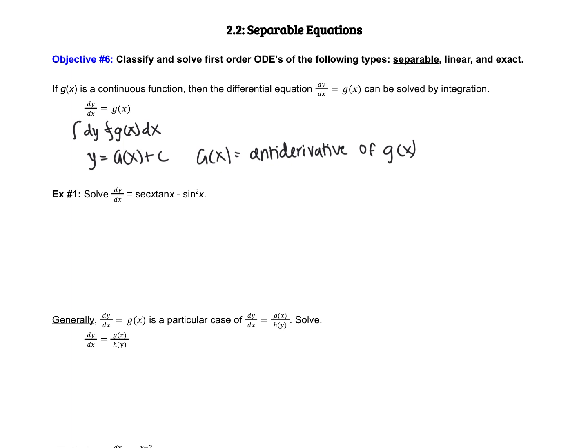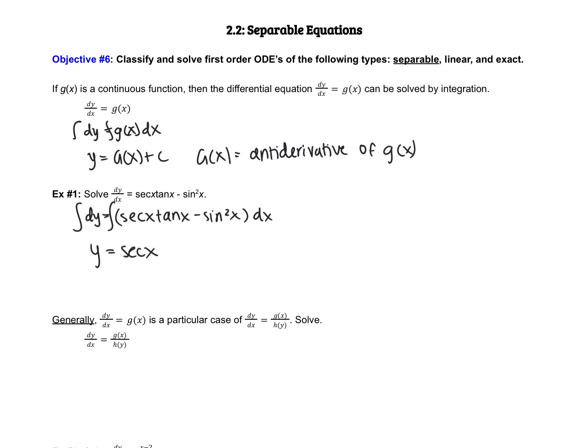Okay, so now we're going to do example 1, and then we'll move on to adding on to this. Okay, so we can see in this case, we can get all the x's on the same side. So I'm going to have dy is equal to secant x tangent x, subtract sine squared of x, all of that dx. Y is on one side, x is on the other, so I can now integrate. I'm going to get y equals, integrating secant x tangent x gives me just secant x.